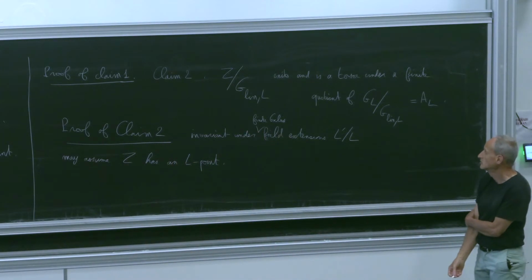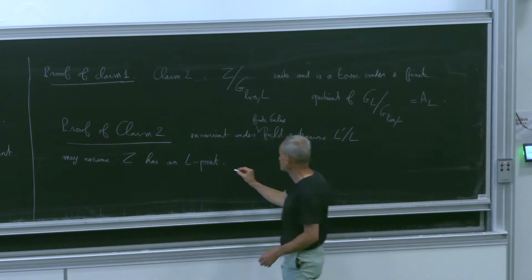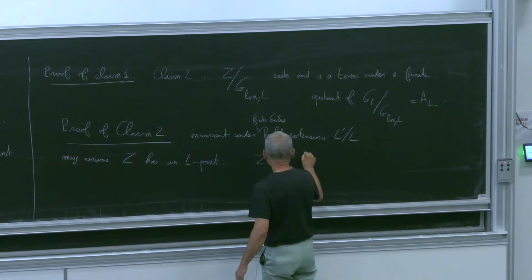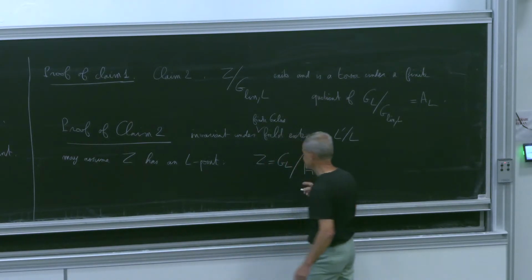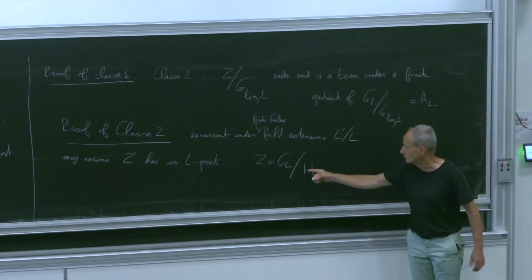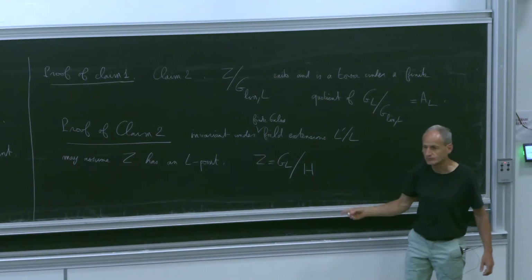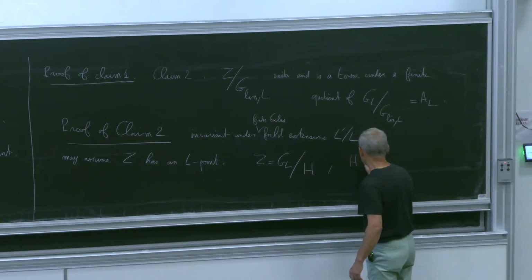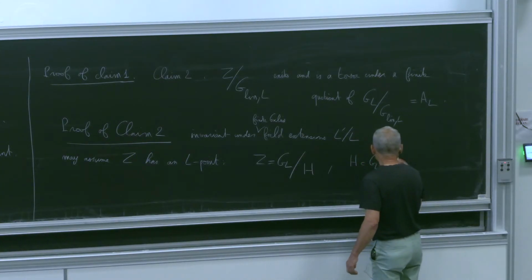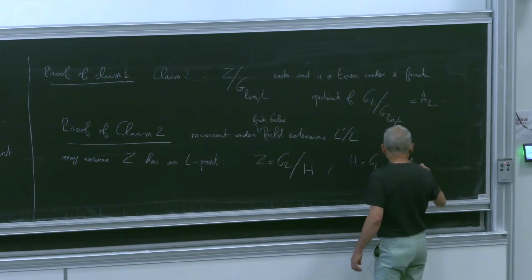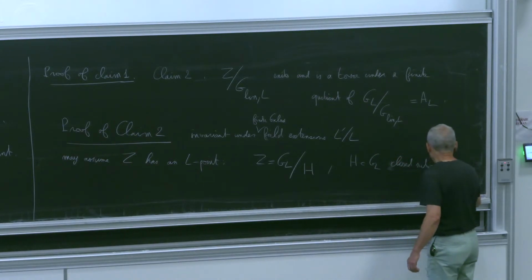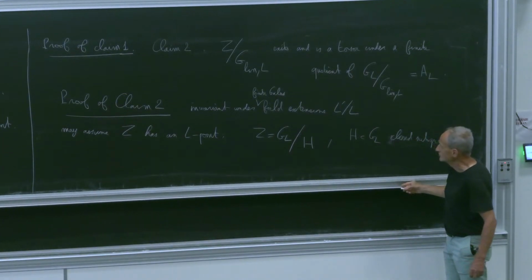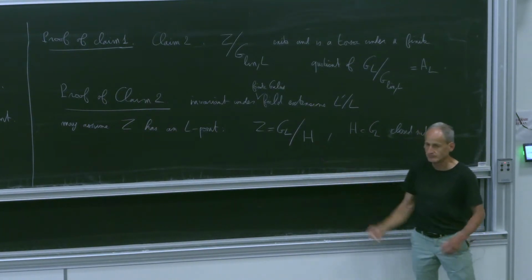And now, well, you know that Z is a quotient of GL by some subgroup, because it's a homogeneous variety. You just write it as a homogeneous space, H. And H is, of course, the stabilizer of some point.